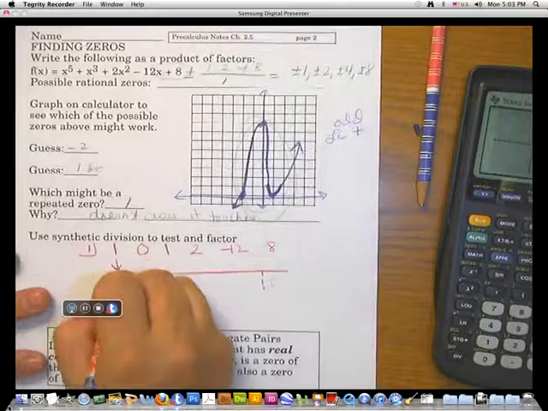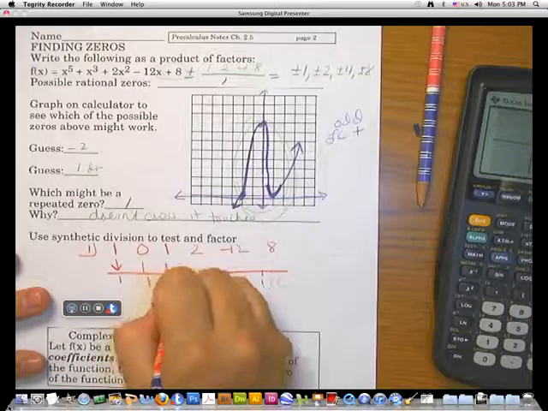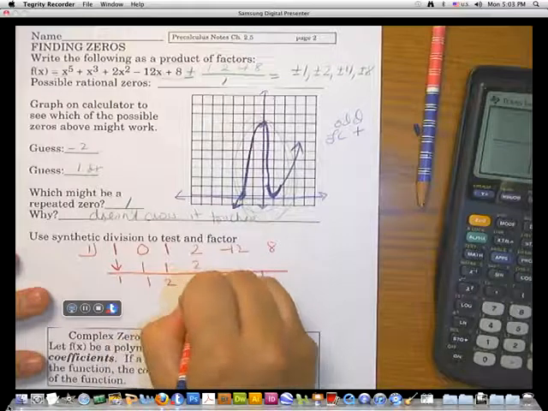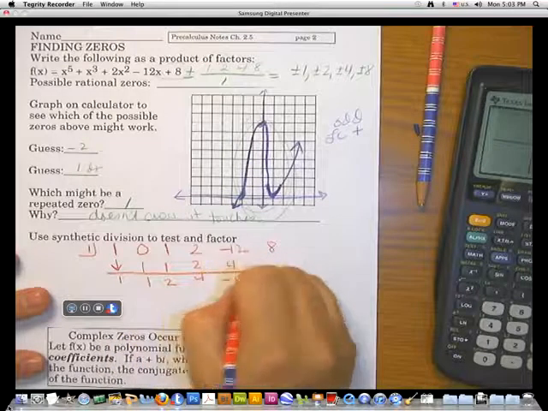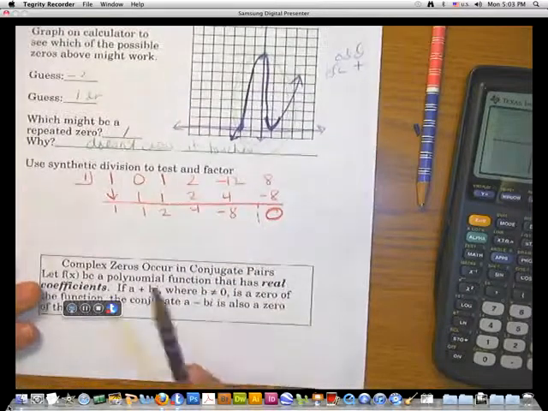Alright, so we're going to bring down and go through all of our synthetic multiplication process, and indeed it comes out to be a 0.